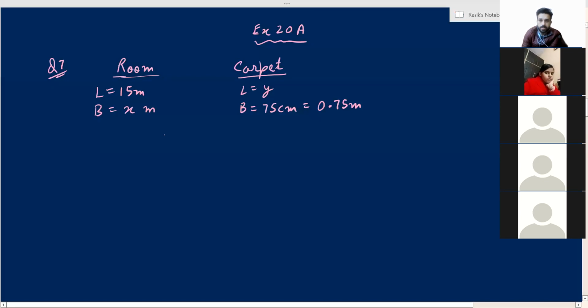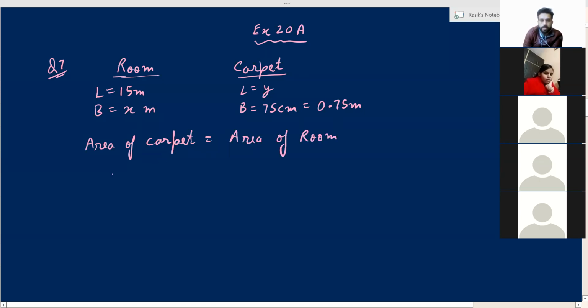Now the concept is again the same. The area of the room and the area of the carpet will be the same, because the same carpet will be used to cover the whole room. Area of carpet is equal to area of room.